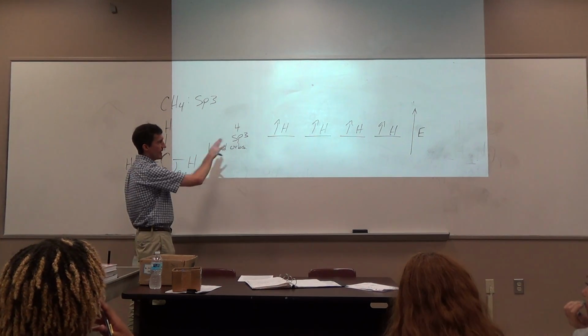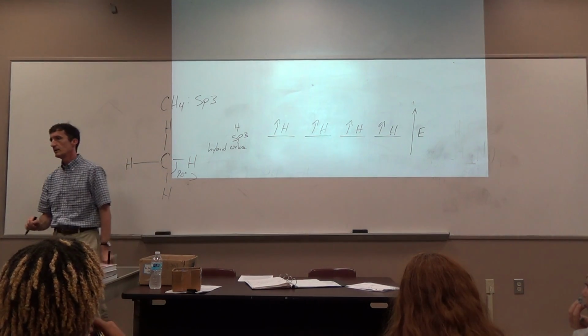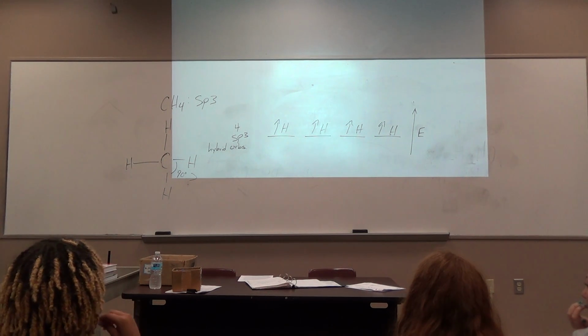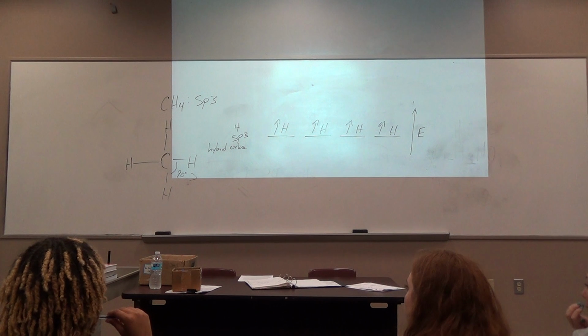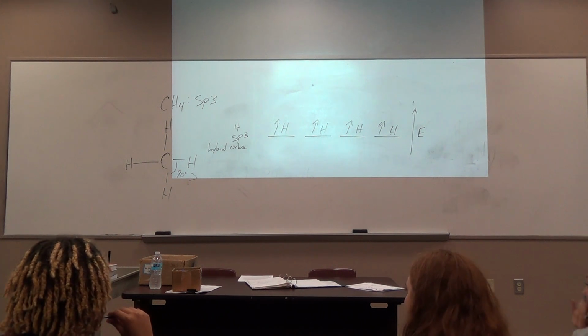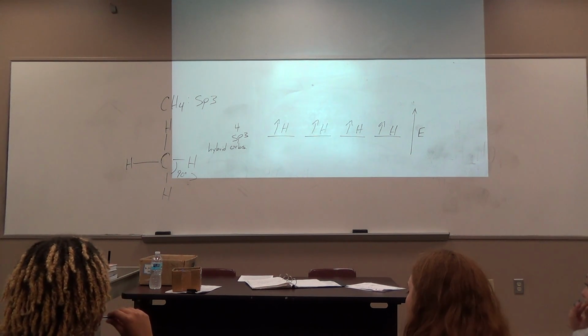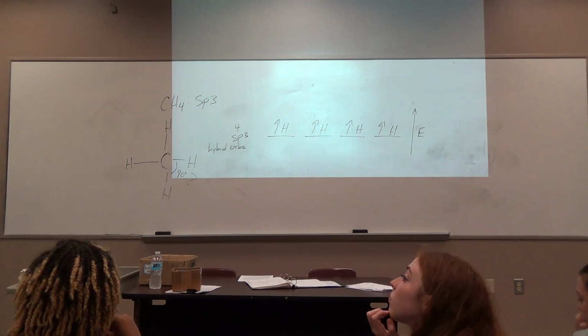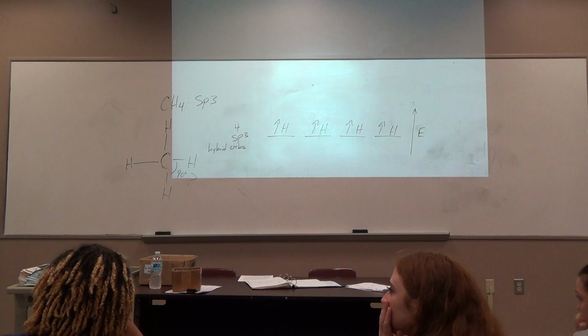Okay, how are these 4 spread out around that atom? Well, how are these spread out? This was an S around the atom, and these 3 were spread out how? Well, that's the individual shape, but how are the 3 relative to each other?